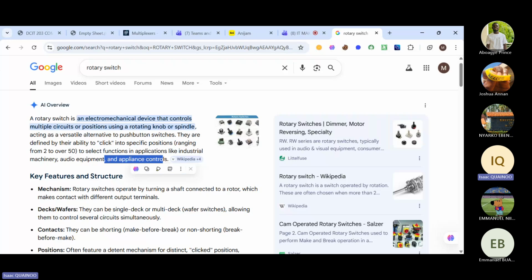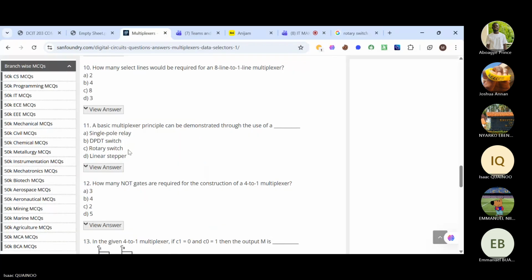And they are used to select whichever one is suitable for output. So a rotary switch, I believe, is the best option for this. Honestly, some of the options like DP/DT switch and linear stepper, I don't know what they are.